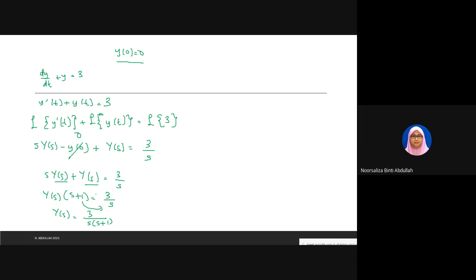Any questions? If not, now we have Y(s) equals to 3 over s(s plus 1). You can use any method to solve this Y(s). Solving Y(s) means you have to find y(t), so you want to find the inverse of Y(s).